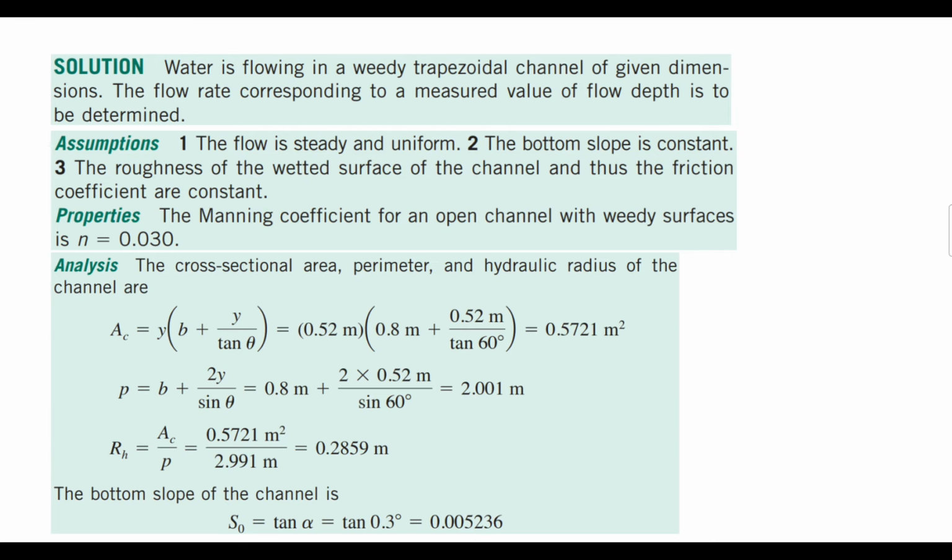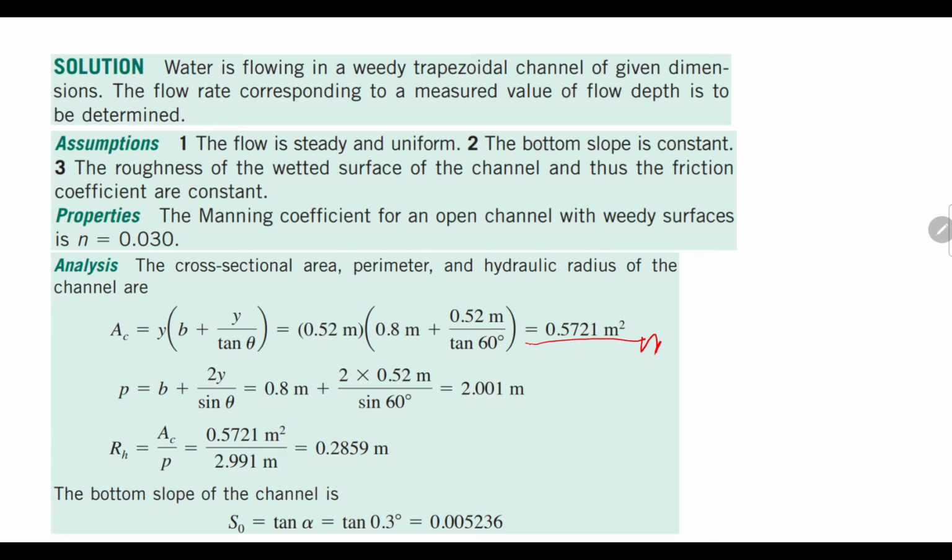First, as I've said, we need to determine the area, because the area is used to determine the velocity and the Q. To determine the area, you can use this equation, or you can solve the area on your own.